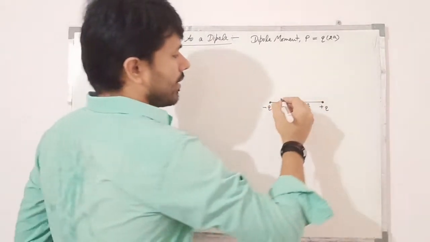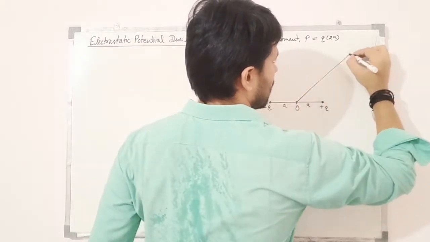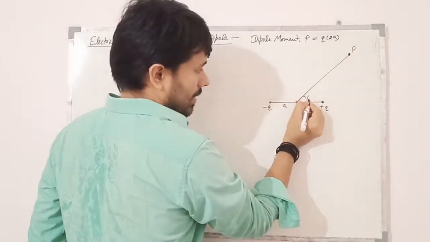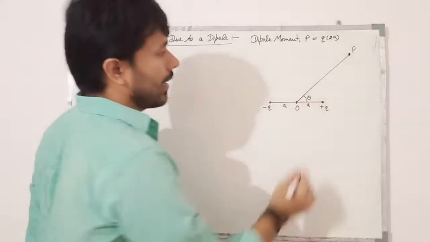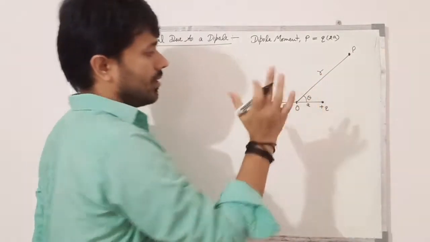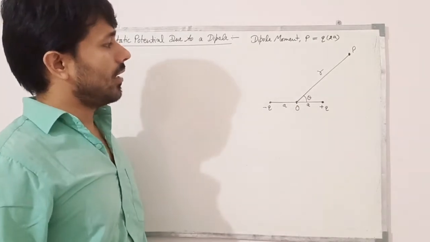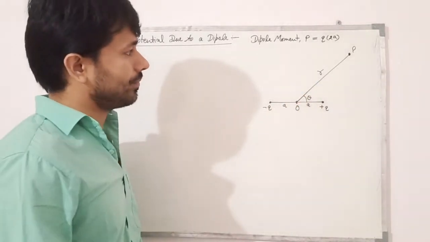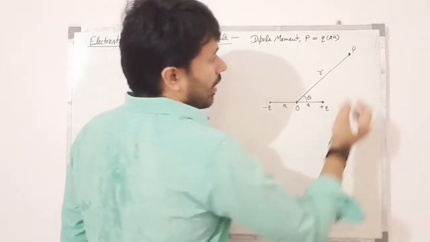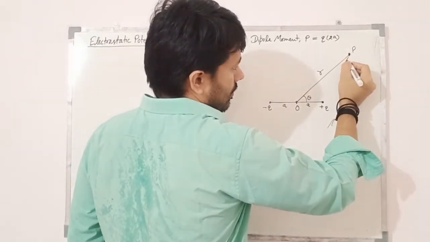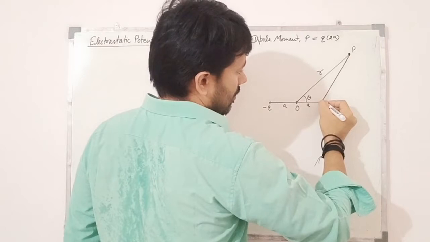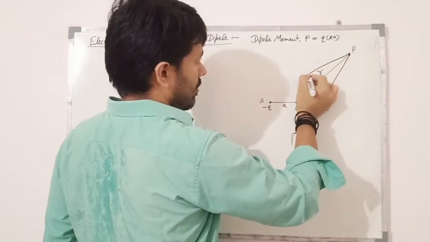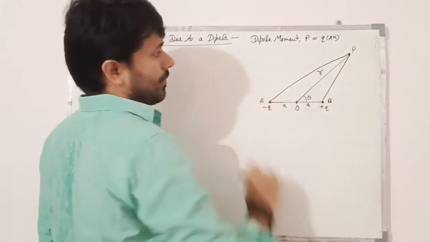Take some general point, let's say point P, at a distance R from the dipole, and R makes an angle theta with the dipole. This is our BP and this is our AP.